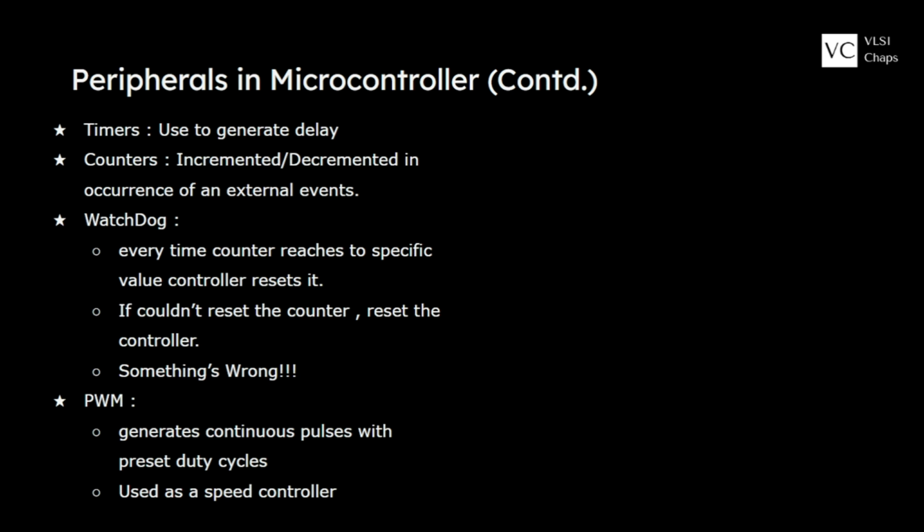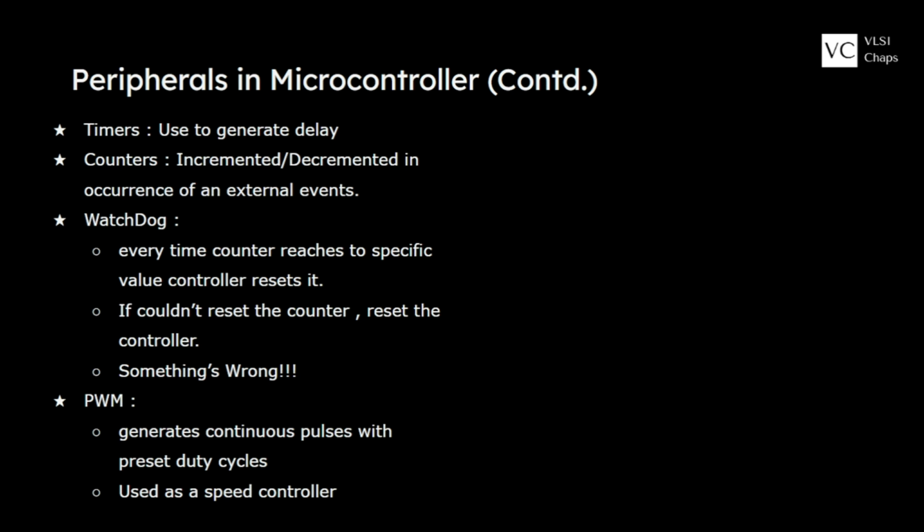And how will we do that? For that, the clock in the microcontroller will come into the picture. Let's say our microcontroller has a 5 megahertz clock. So in 1 second it will generate 5000 pulses. If we want to keep the count as 5 seconds, then I need to have 25,000 pulses of clock.